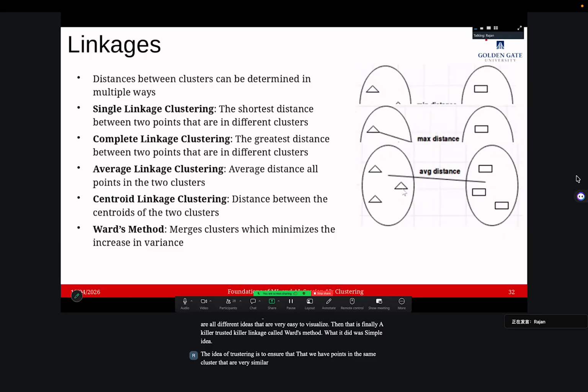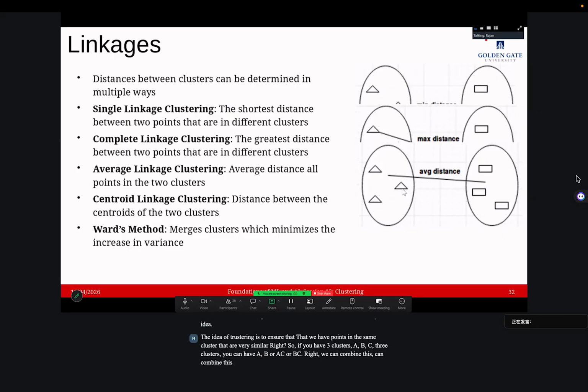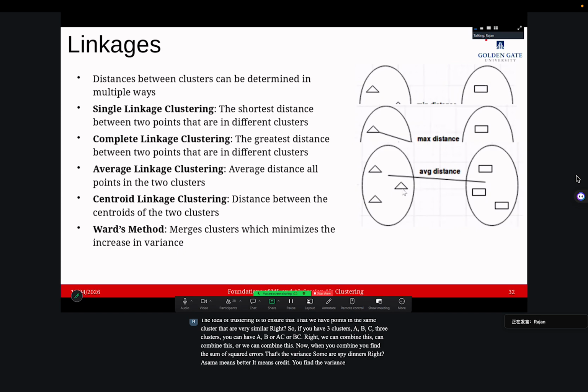So if you have three clusters, say A, B, C, you can have AB or AC or BC. We can combine this, this, or this. Now, when you combine, you find the sum of squared errors. That's the variance. Sum of squared errors, or mean squared error. You find the variance for each of these possibilities.